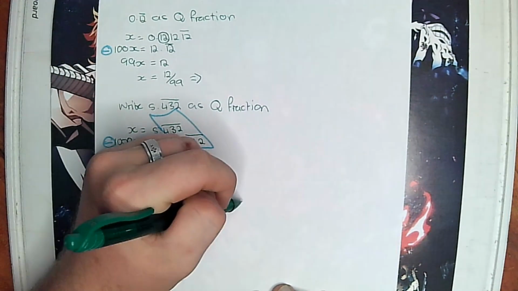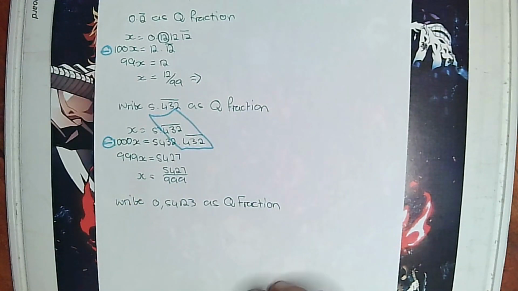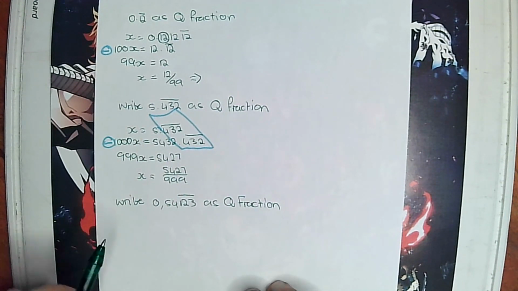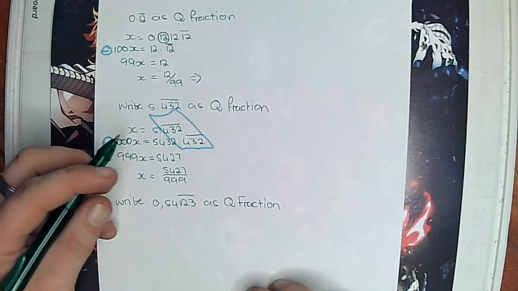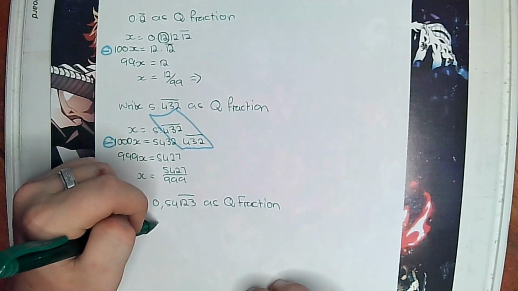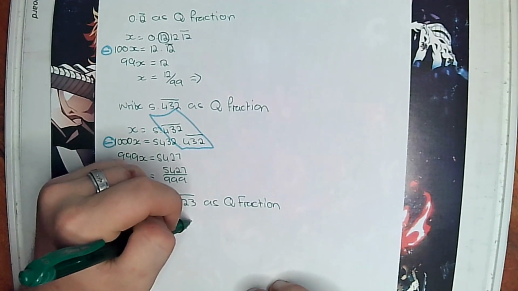Again, we follow the exact same procedure. We set that the 123 is repeating, by the way, because I forgot. We set this value equal to x, so x is equal to 0.54123 repeating. Now, with what do I have to multiply?